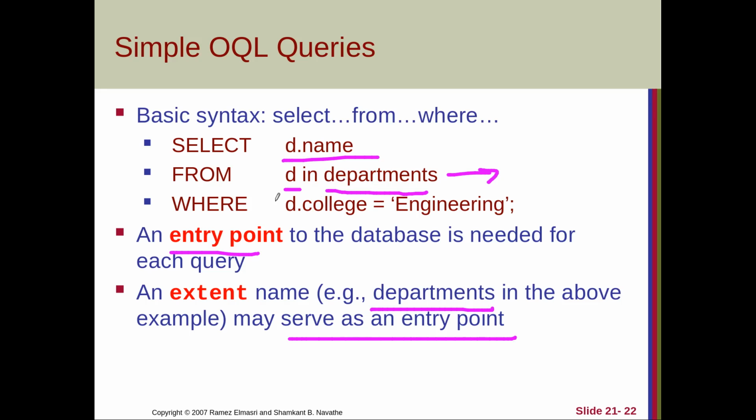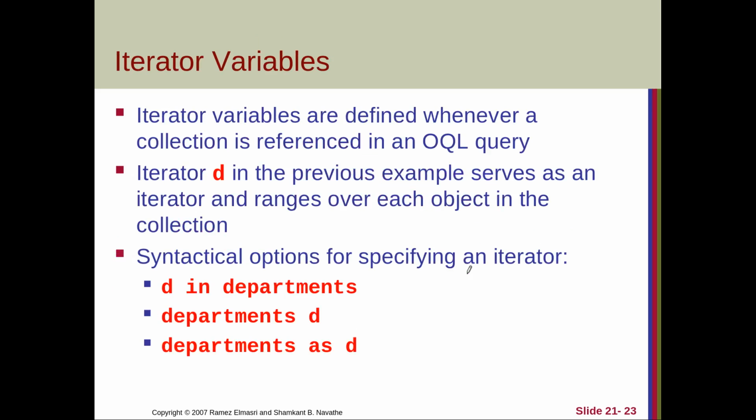An extent name with an iterator variable is considered the entry point of any OQL query. So departments is the entry point. From departments we are retrieving some value according to some condition. We should have an entry point for selecting objects or values from an object oriented database. Entry points are normally the extent names, like departments in this particular example.